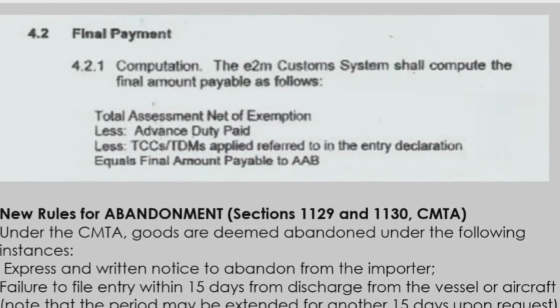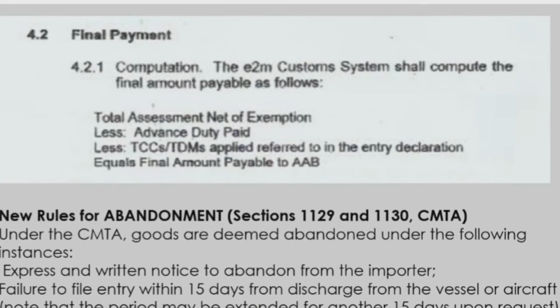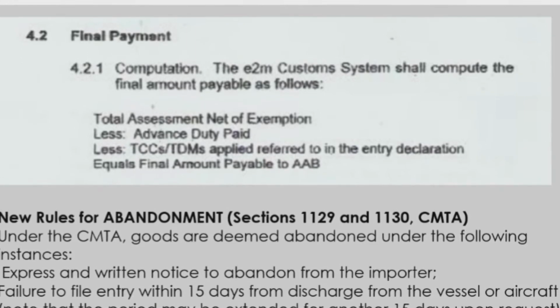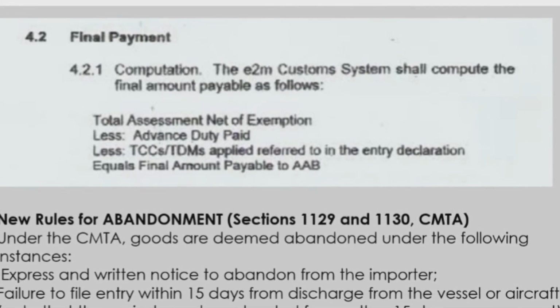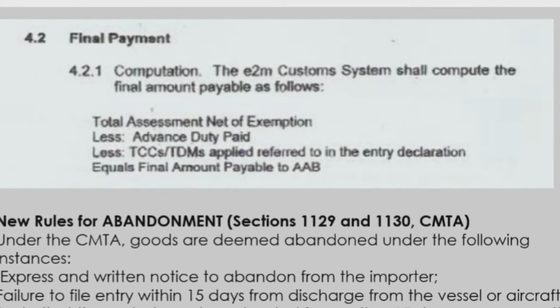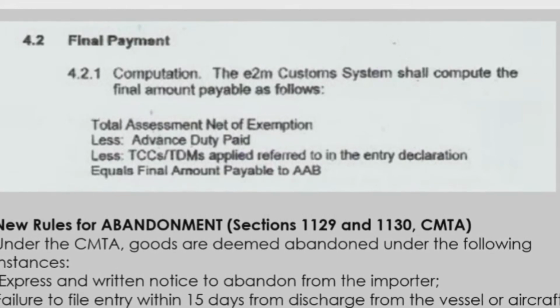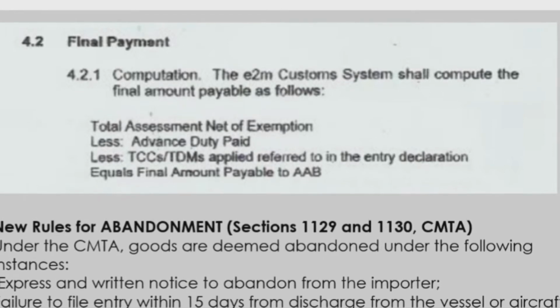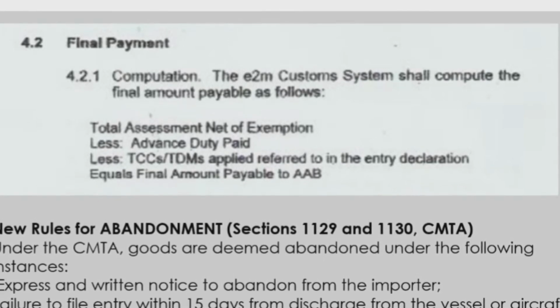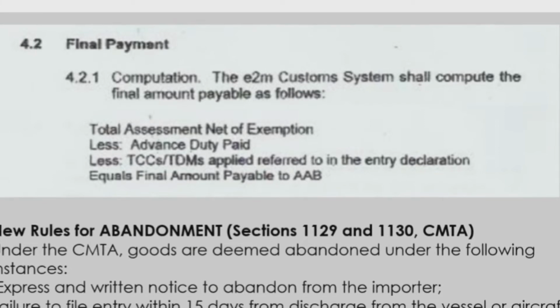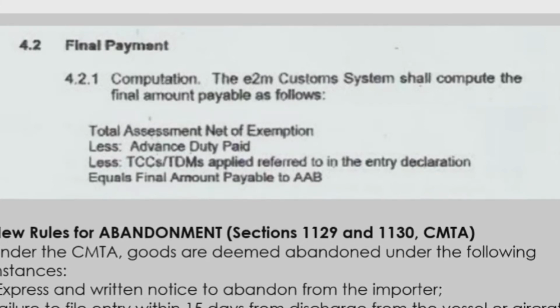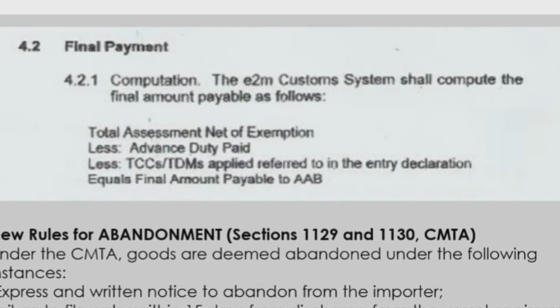Final payment. So for the computation of the final payment, the E2M custom system shall compute the final amount payable as follows. The total assessment net of exemption minus advance duty paid minus the TCC or the TDM supplied referred to in the entry declaration is equal to the final amount payable to the authorized agent bank. Okay?